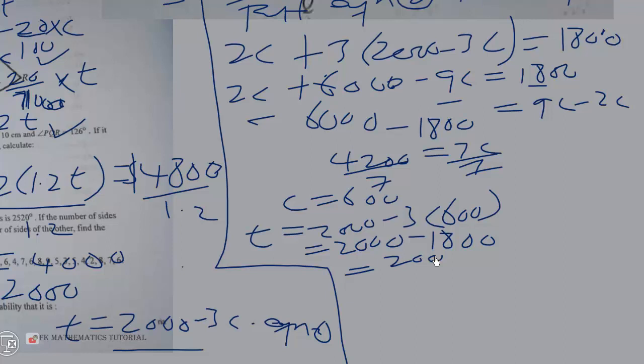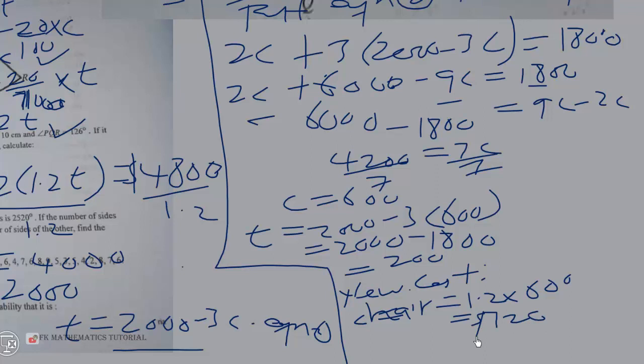So the new cost of chair will be 1.2 times c. The c is 600, which is equal to $720.